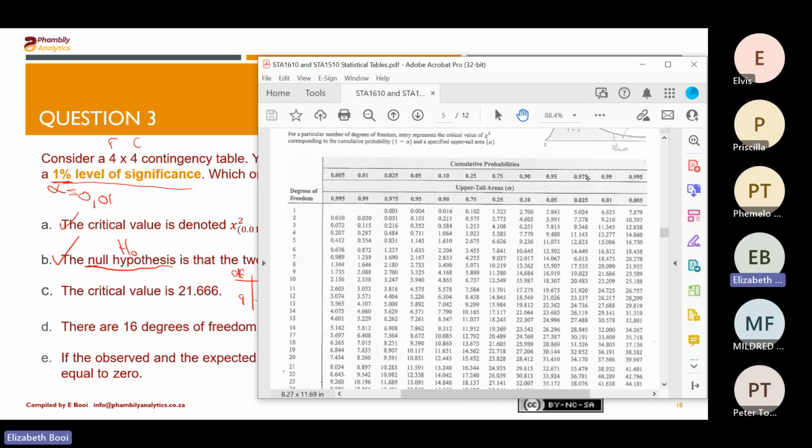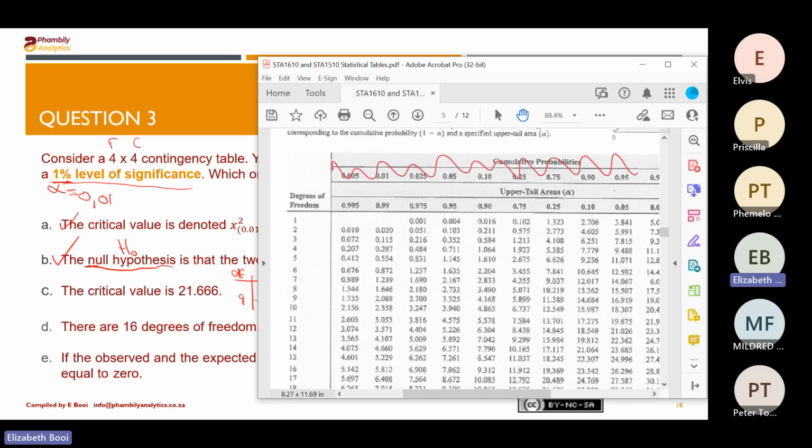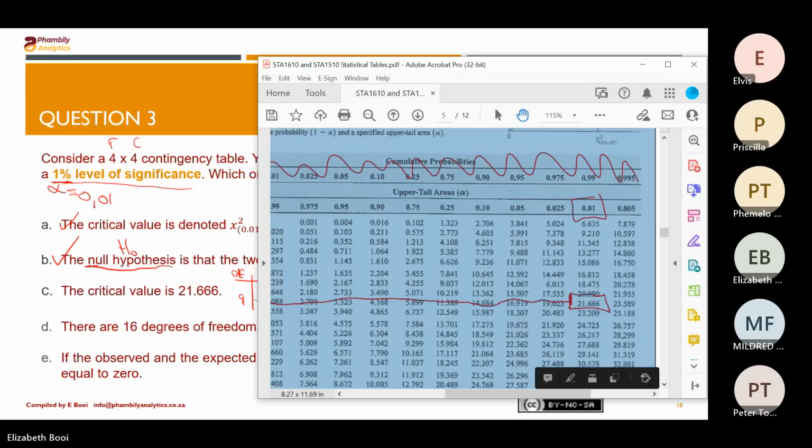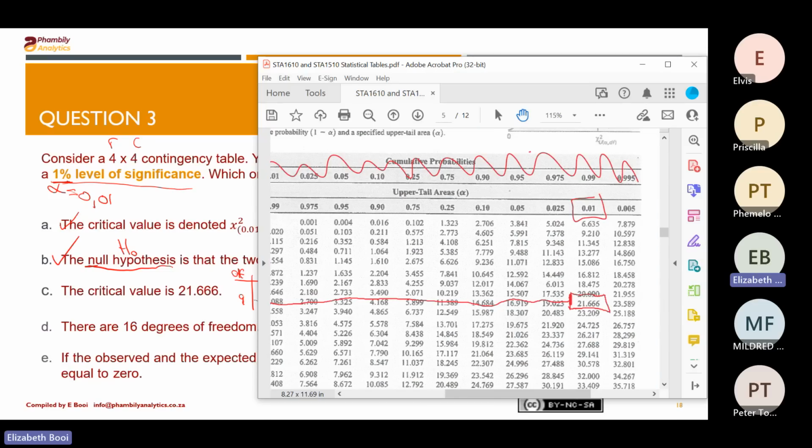alpha of 0.01. Remember, you don't have to worry about the values for cumulative probability. We're working with the values under the upper tail. So the column we're looking for is 0.01, and the degrees of freedom is 9, and where they both meet, you can see that is 21.66, which is exactly the same.